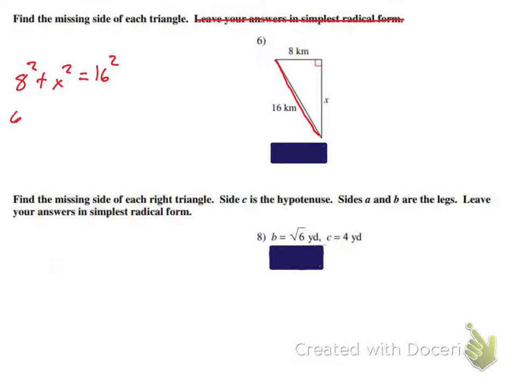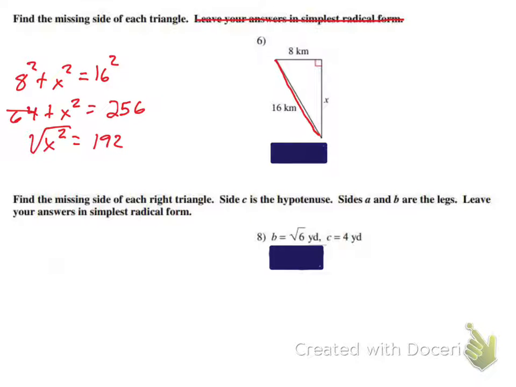So 64 plus x squared is equal to 16 squared, which is 256. I'm going to minus the 64 on each side. So I'll have x squared is equal to 192.